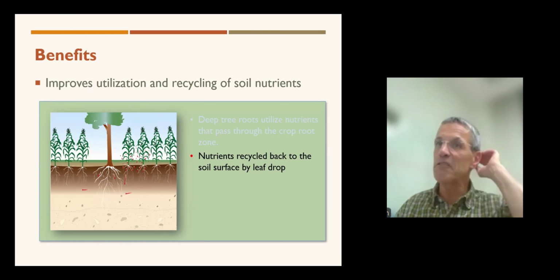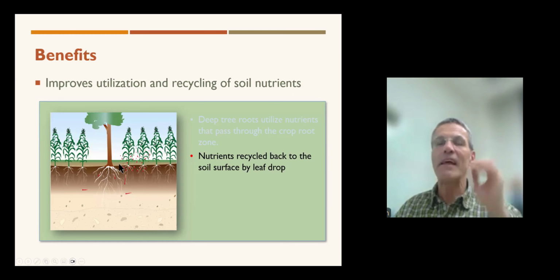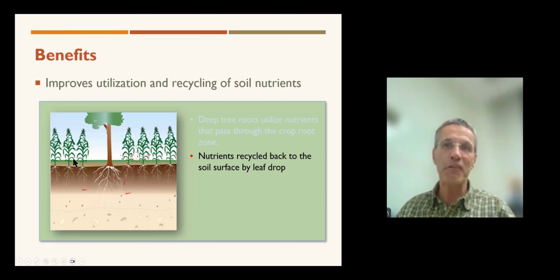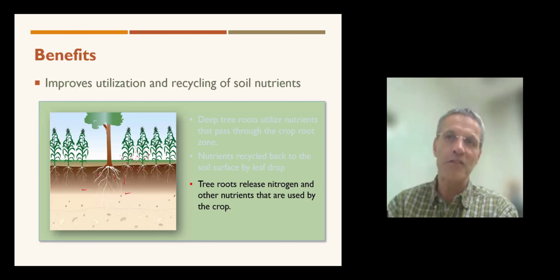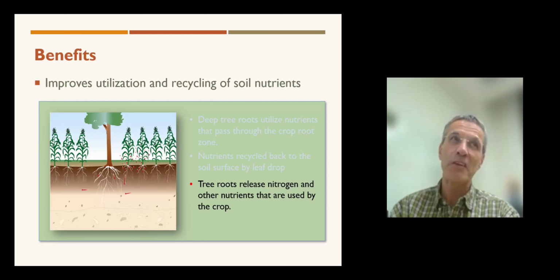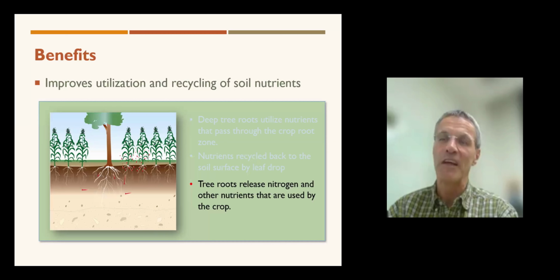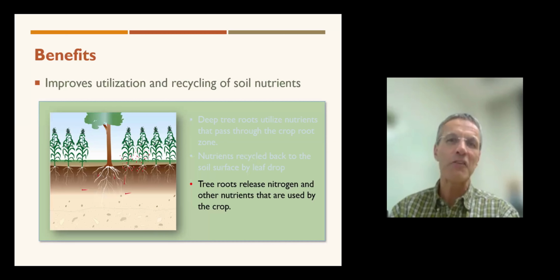So the nutrients get recycled, and then they can feed the crops again with the leaf fall. Or, as I will show in a little bit from my own research, you can use the tree leaves and the branches as a green manure. At the same time, in most agroforestry systems, especially in the tropics and subtropical regions, they use mostly nitrogen-fixing trees.